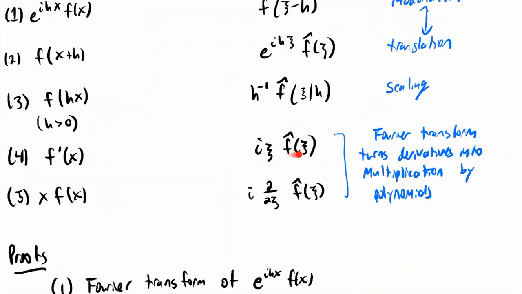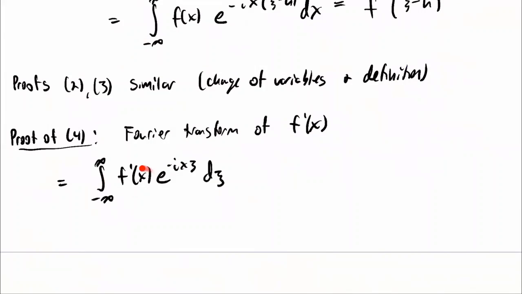Remember, in the definition of f hat of c, there's just f of x, not f prime. Over here we have f prime. But if you have an integral of two functions and you want to move the derivative over from one to the other, you can always do that by using integration by parts. So this is what we're going to do now.